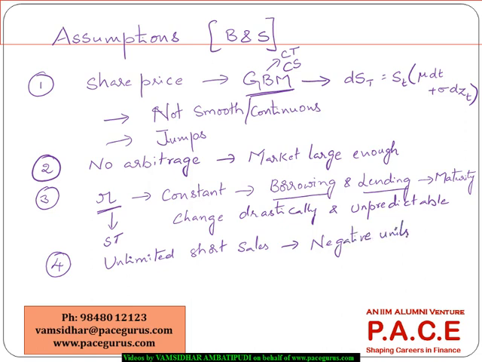There are no restrictions on it, but generally it is done through various repo agreements, repurchase agreements, and in most of the cases there could be a lot of restrictions. In reality, there could be lots and lots of restrictions for unlimited short sales.